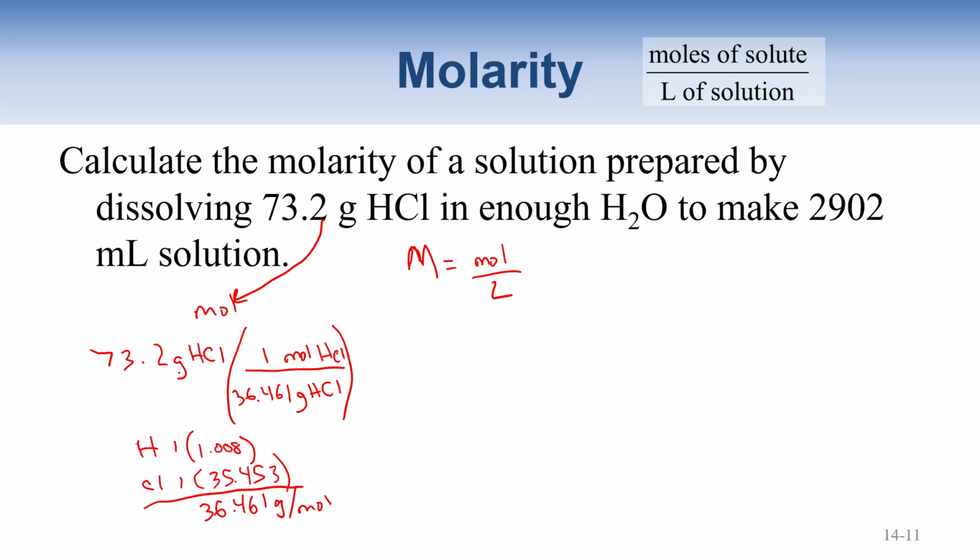Now we're going to multiply across, divide away the bottom. So 73.2 divided by 36.461 gives us 2.007. So we'll round this to 2.01. And that's for our moles, because these mass units are going to cross off and we're going to end with moles.